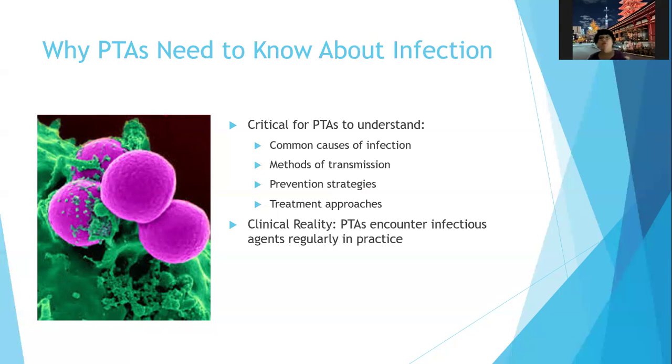We encounter infectious agents regularly in PT practice, no matter what setting you work in. In fact, we encounter infectious agents regularly in the world, but they're just more concentrated in healthcare settings.